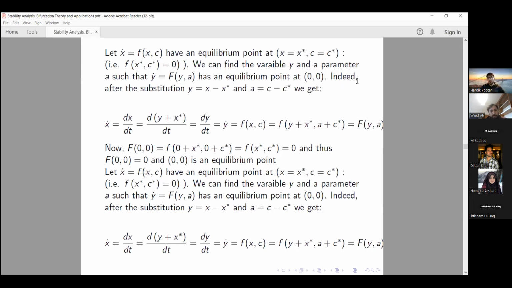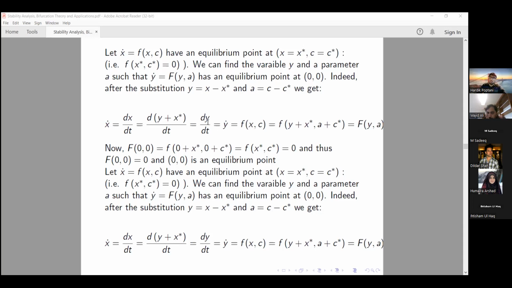So indeed, after substitution, y equals x minus x star and a equals c minus c star. So therefore, we get x dot equals dx by dt equals d(y plus x star) by dt, because for topological equivalence we can just shift the whole system into y and a.